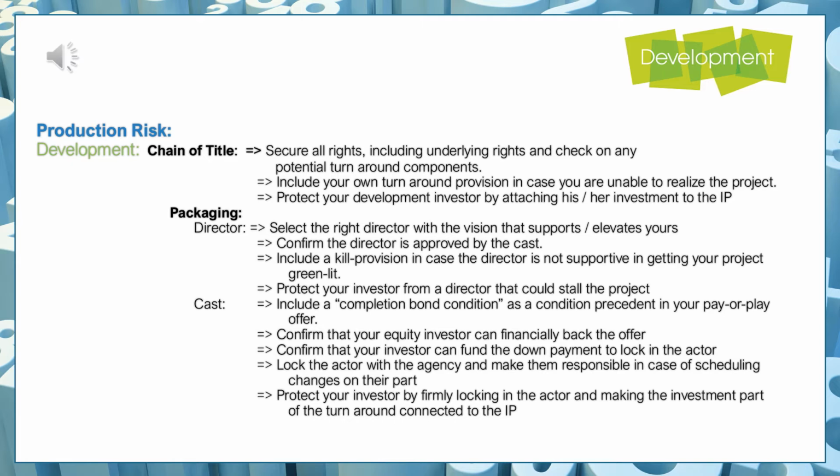And we need to make sure that the pay or play offer is very much detailed so that the engagement letter can include all the pay or play offer terms and nothing has to be negotiated from scratch. This is a conversation we're going to have with the agency, with the representation of the actor, when we are locking them in and making them firmly connected to our project.